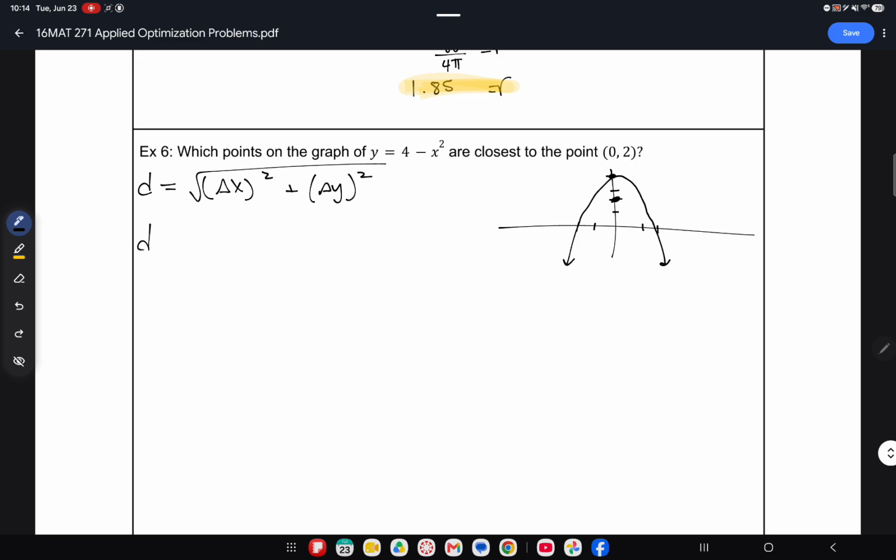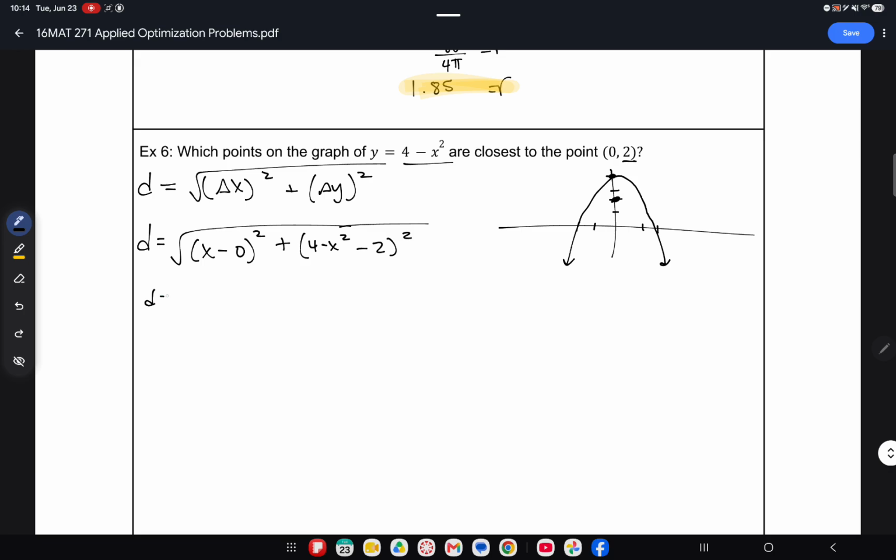Let's see, our change in x. We want the difference in the x values. So I don't know what one of the x values is, but I know the other one is 0. So x minus 0 squared. And then the change in y's. So, okay, I don't know the y value, so 4 minus x squared. And I do know the other y value, that's 2.